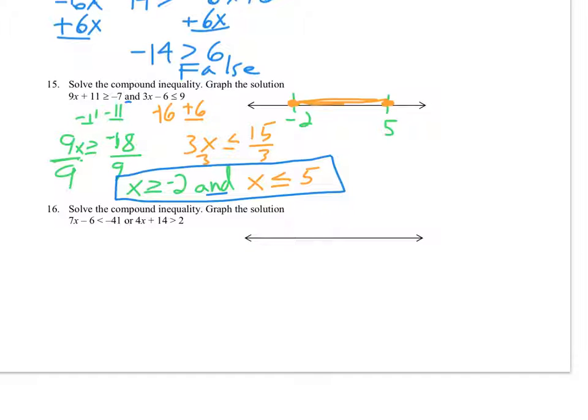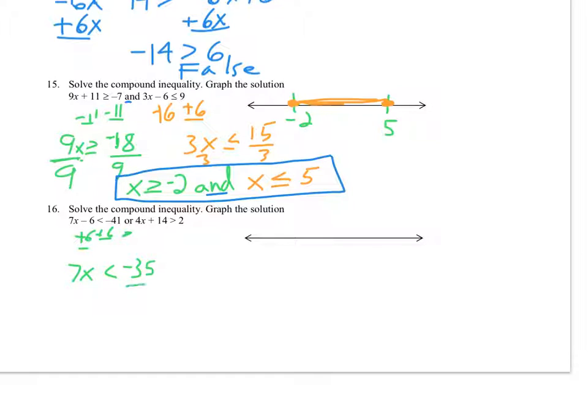Same sort of thing for number 16, although this is an OR compound inequality. But we still just solve those separately. We'll start by adding the 6 over here. Be careful when you're dealing with adding to a negative. So we get negative 35 when we do that.